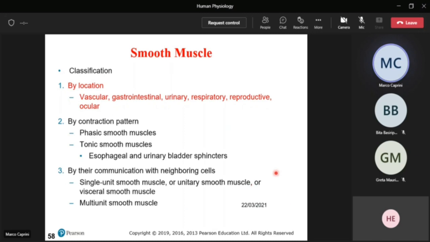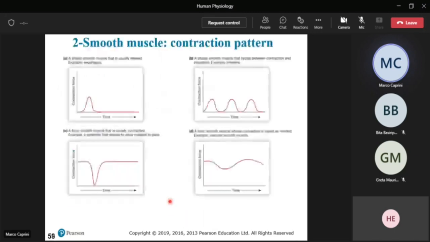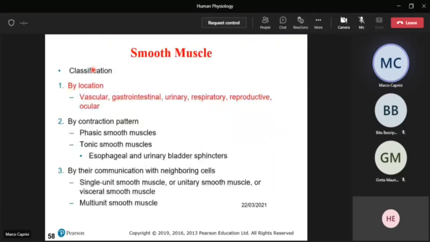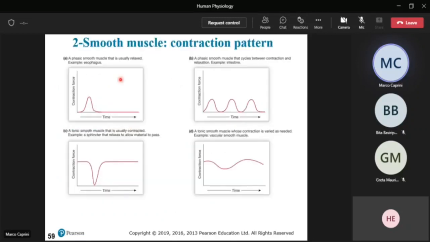Okay. So let's see point two. We described yesterday the location. What about the contraction pattern? Here you can appreciate the 4 types of contraction pattern in smooth muscle.